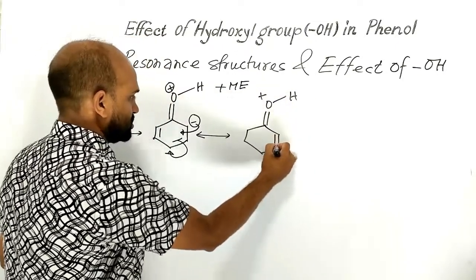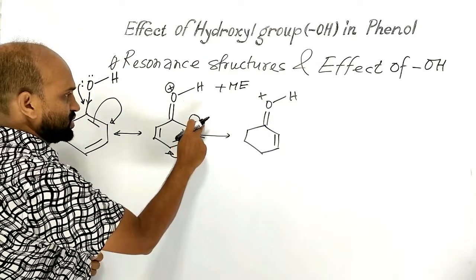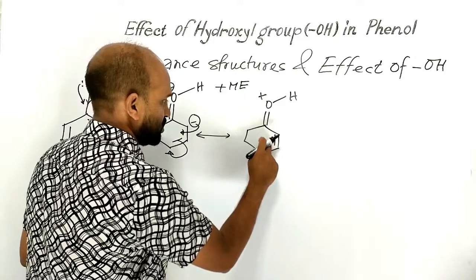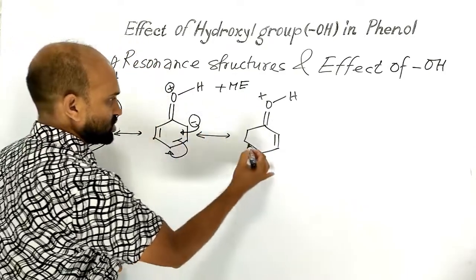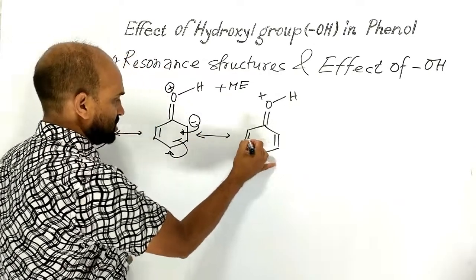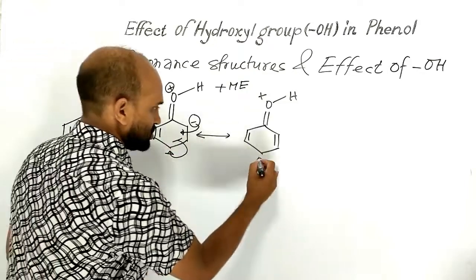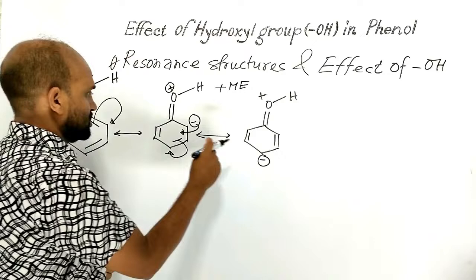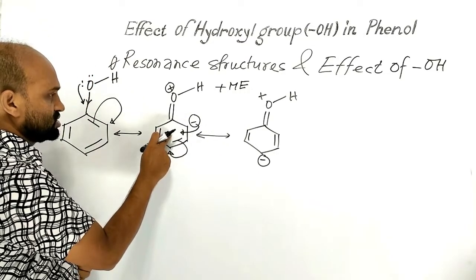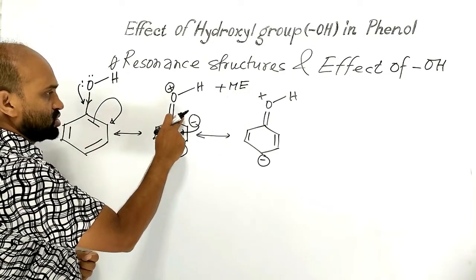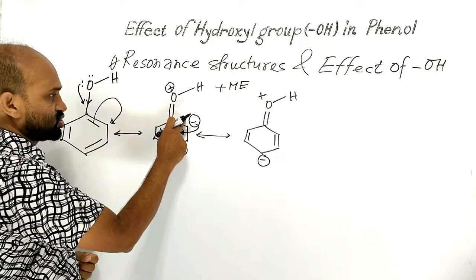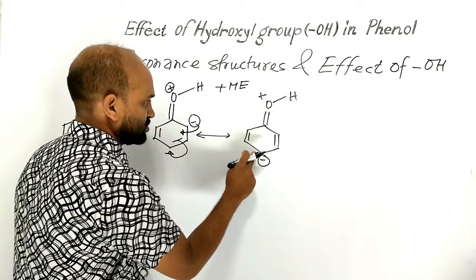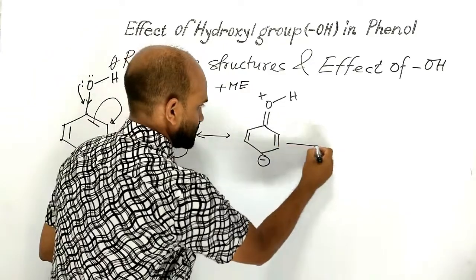Here double bond, these lone pair electrons turn into pi bond. So here pi bond, this pi bond remains intact, and this carbon gets negatively charged. So this is the resonance structure in which ortho position becomes electronically rich. Here para position becomes electronically rich.